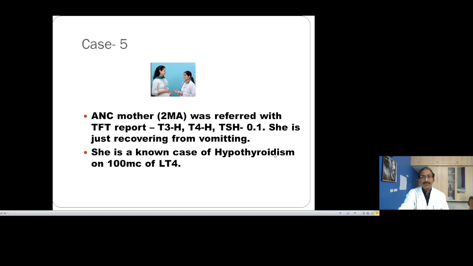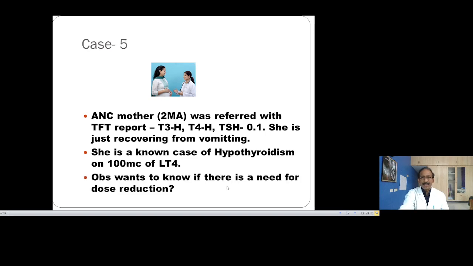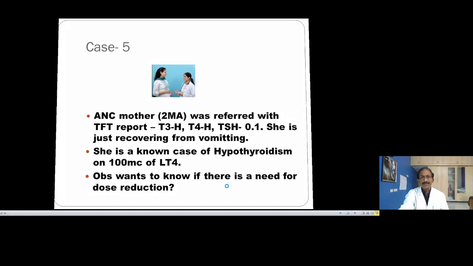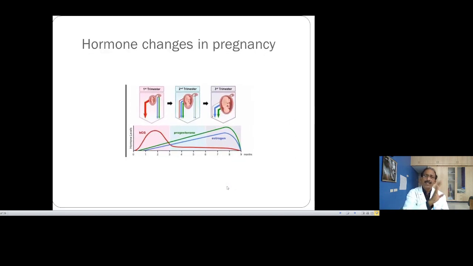She is a known case of hypothyroidism on 100 micrograms of levothyroxine. Is she taking too much thyroxine? Do you want to reduce the dose of levothyroxine? That's the question posed by the gynecologist. So the obstetrician wants to know if there is a need for dose reduction. It's a common clinical scenario.